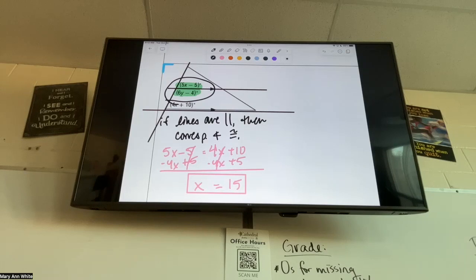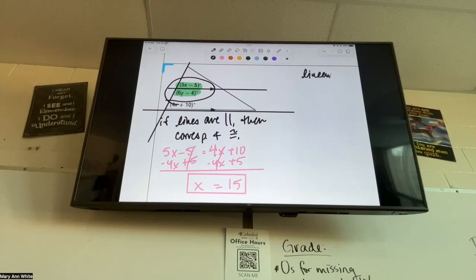Do you remember what the name of their relationship is? That's another word for add to 180. When I say angle relationship, I'm looking for words like alternate exterior, vertical angles. Can anyone help us out? Not consecutive interior. They're not skew. I heard it. Linear pair.